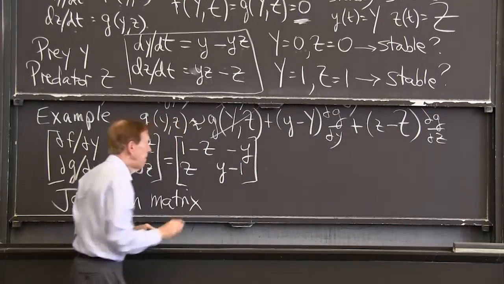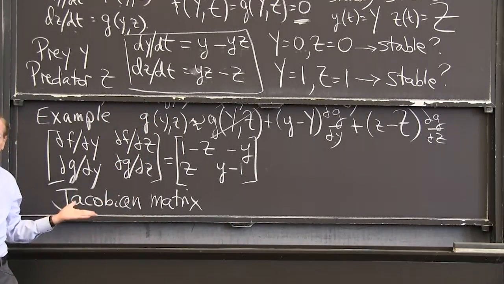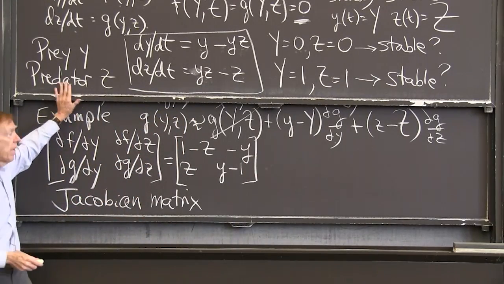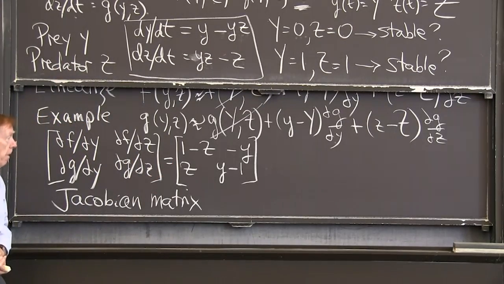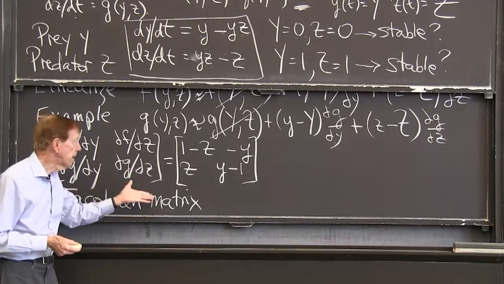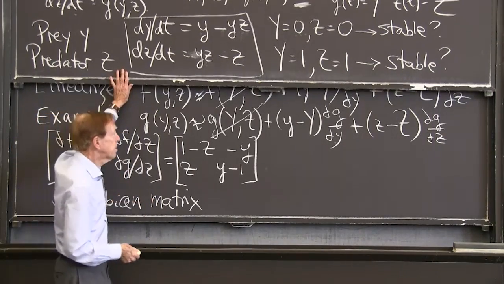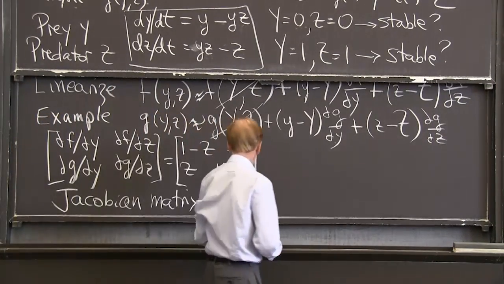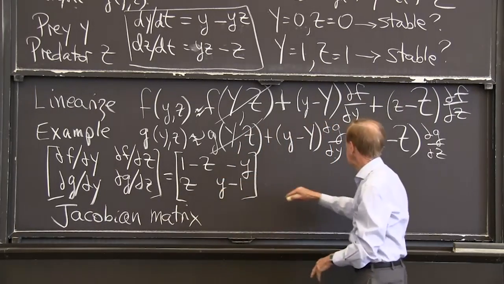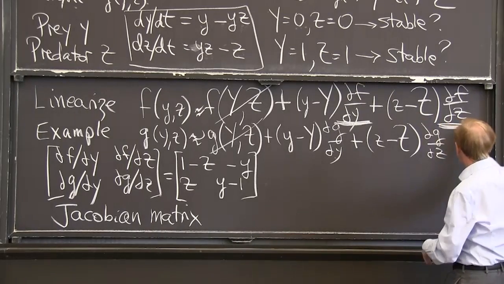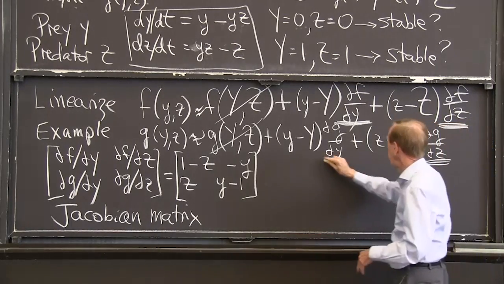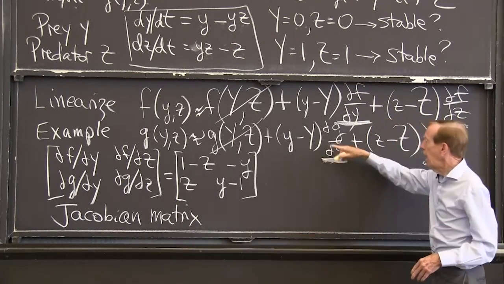Is that all right? This is what we need to know from the functions. Here are their derivatives. Okay, now that's my Jacobian matrix. That matrix has these four coefficients, those four numbers.